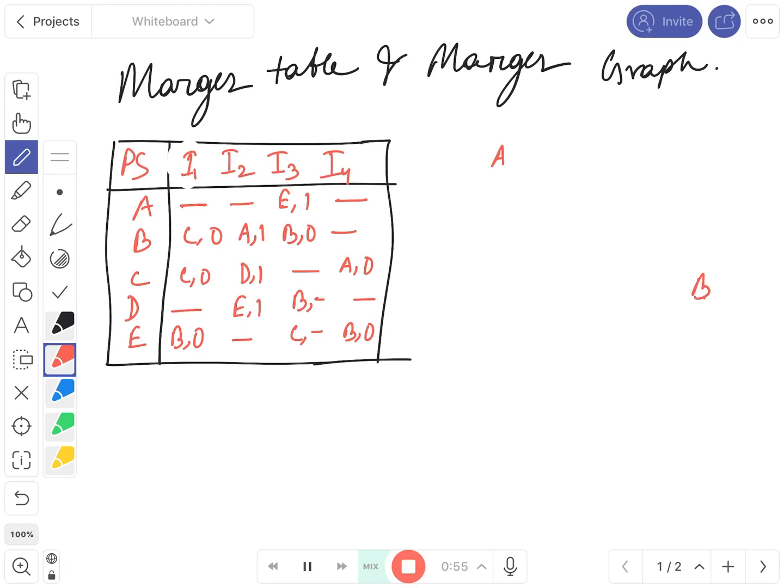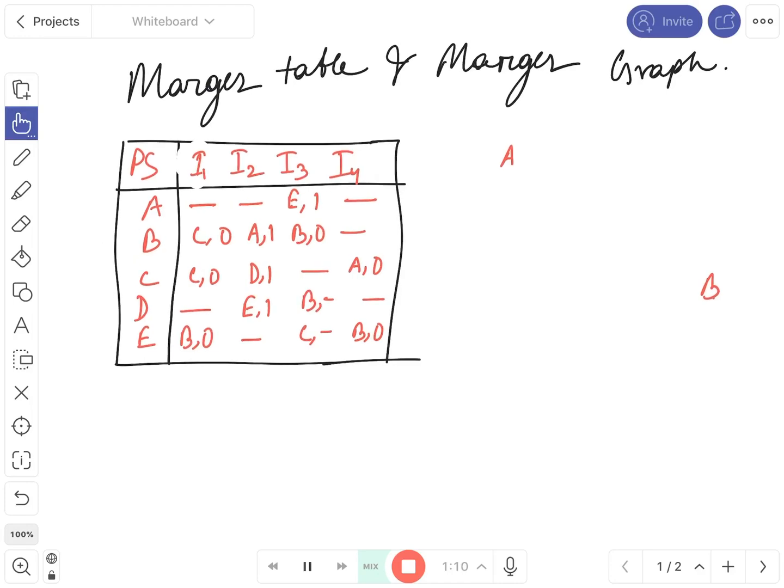Obviously for A and B no compatibility is possible, right? Because for I3, we have E1 and B0, so the outputs are different.